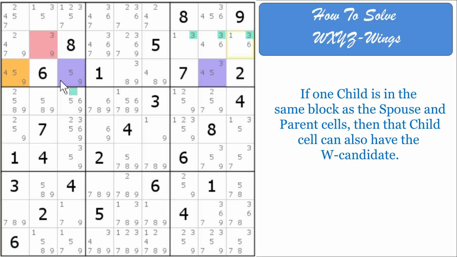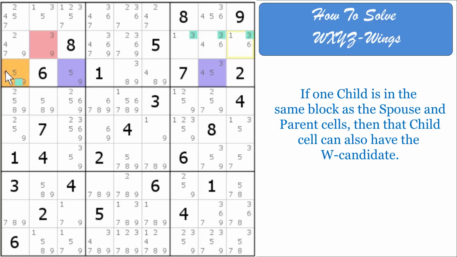If this was not inside block 1, you could not have a 9 here. Like if it was over here and you put a 9, it would mess up your WXYZ-Wing. It wouldn't work. But because it's inside of this block, it works. We're still going to consider it a child because it's in the row here and they can't all see each other.